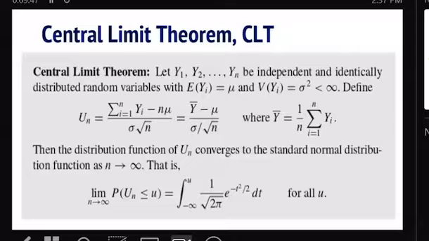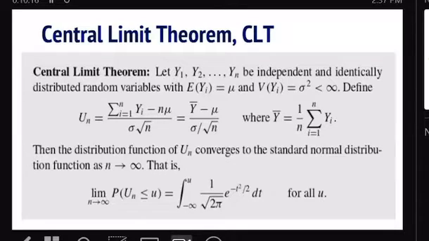Now, mathematically speaking, if I want to talk about the central limit theorem, of course, I have y1, y2 up to yn. They come from the same distribution, and they are independent. It doesn't matter whether they follow a normal distribution or not. If they don't, the only requirement, apart from having a large sample size, is that the mean and the variance have to be finite.